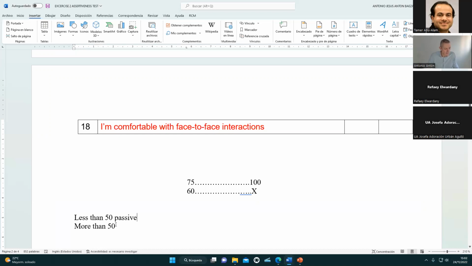So more than 50 points is a correct, normal number. And between 70 and 75, more than 70, is very, very good in terms of being assertive.